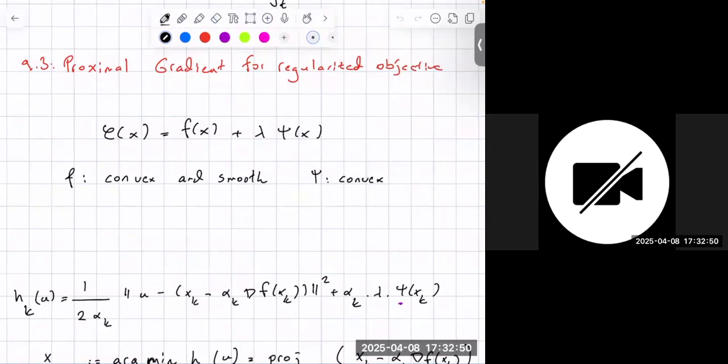Okay. I have my function f(x) plus lambda times c(x). C is the regularizer, and lambda is the regularization parameter. F, for now, assume is both differentiable and convex. You define your convex function h, take the iteration, the distance from your u, plus the regularizer part.